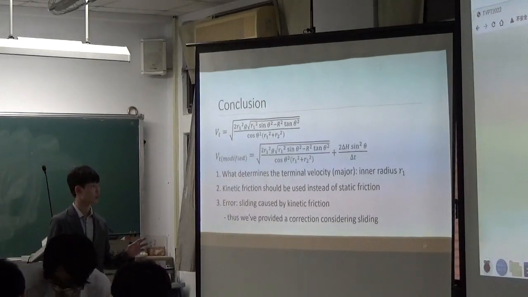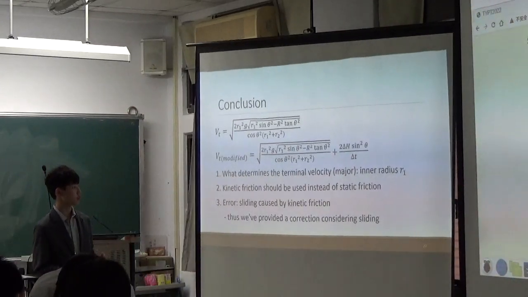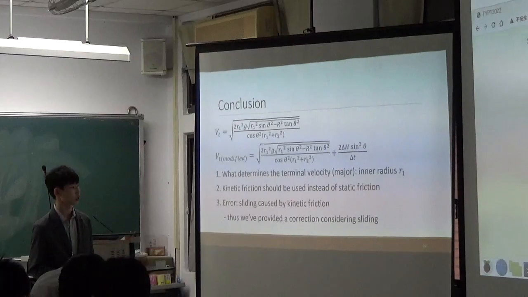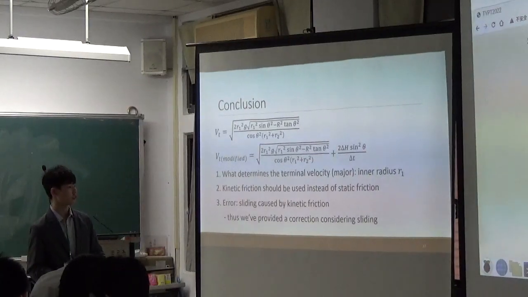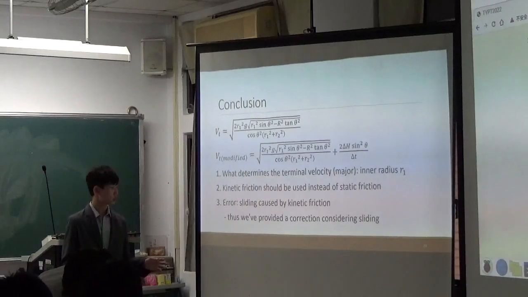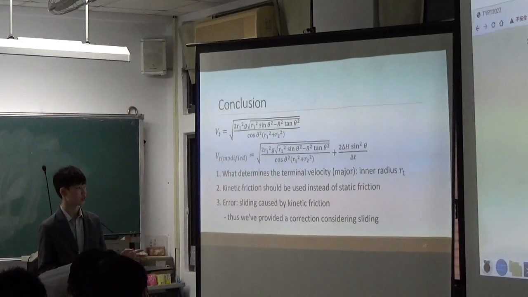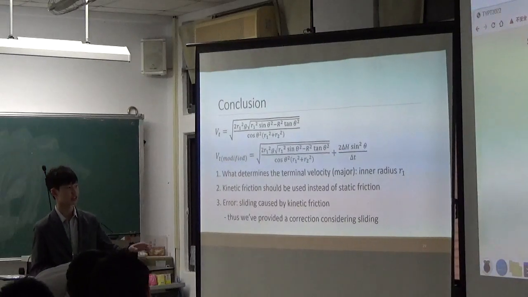The second point is that in our theory, we have to use kinetic friction force instead of static friction. And the third is the error of the data is caused by the sliding, which is because of the kinetic friction.